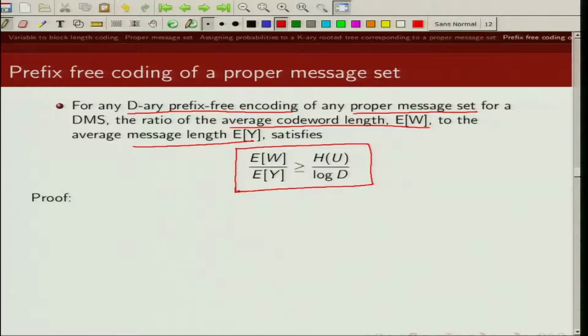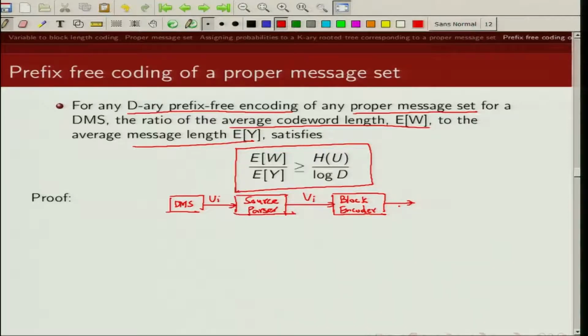So again, let me clarify the scheme that we are looking at. We have a discrete memoryless source which is spitting out these Ui's. I am using a source parser, a proper message set, to parse my sequence. I get my Vi's here. Now this is passed through a block encoder. What it does is a one-to-one mapping of these Vi's to a fixed block length code.